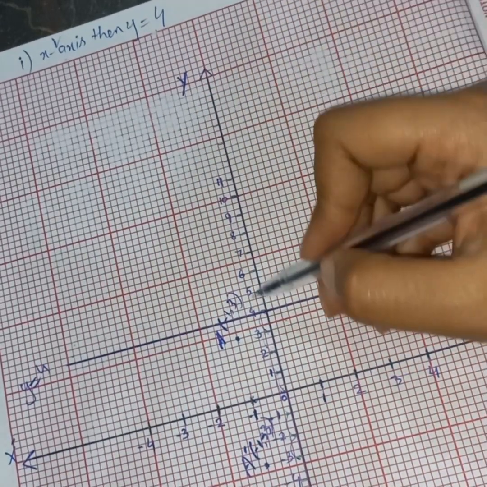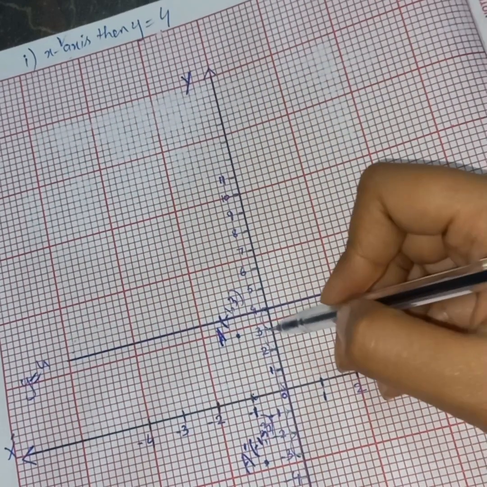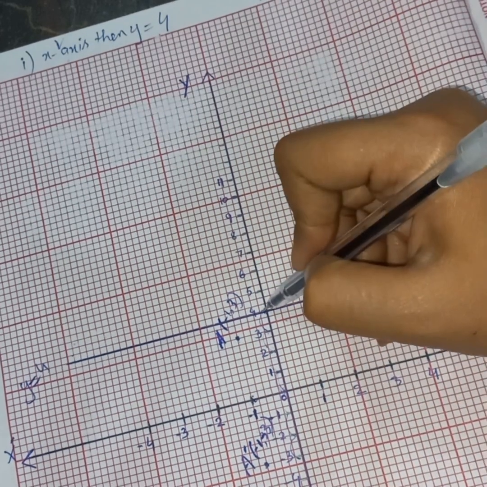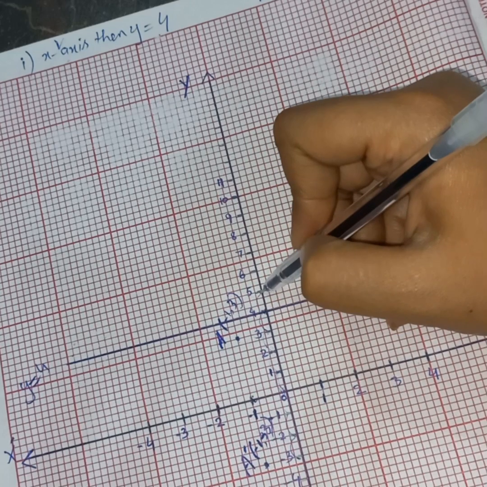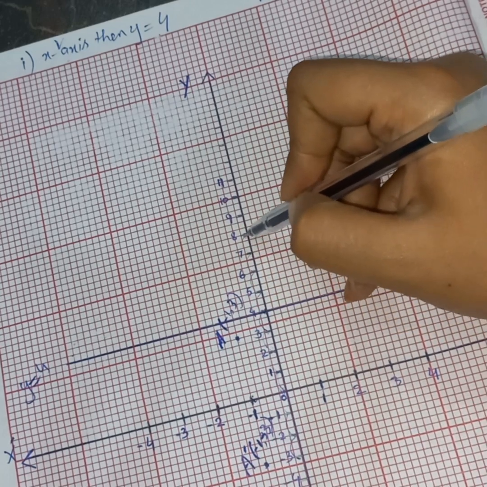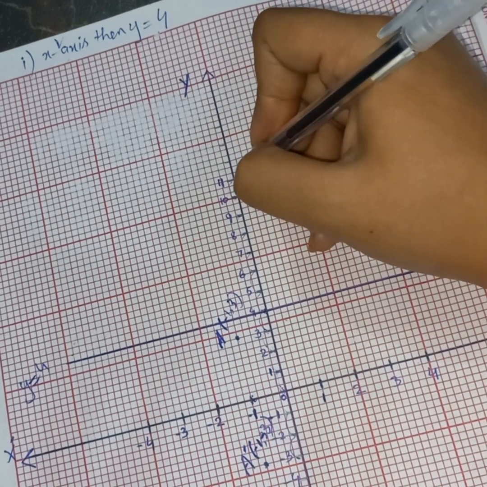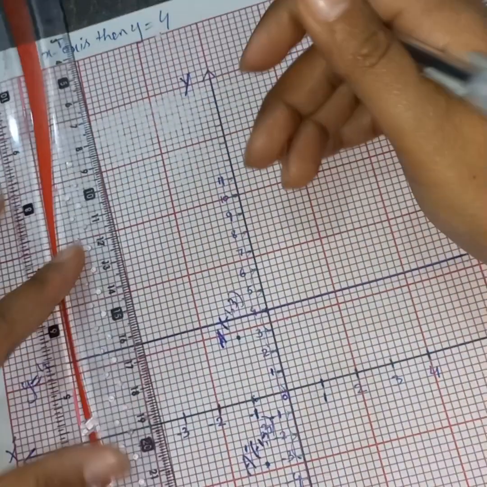Again, I told you the reflection's image is always opposite to the object. So we will move upwards the same number of points we have counted on this side. Let's start counting here. 7 points were there, so let's count 1, 2, 3, 4, 5, 6, 7. It means this will be the point, in the same direction.